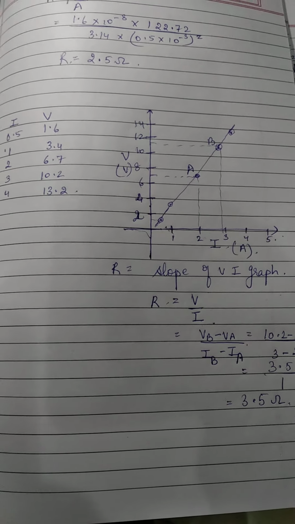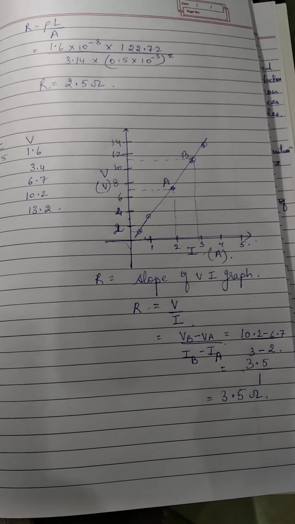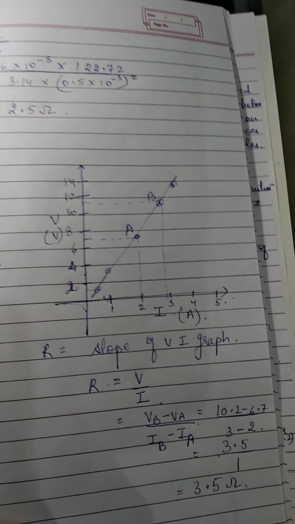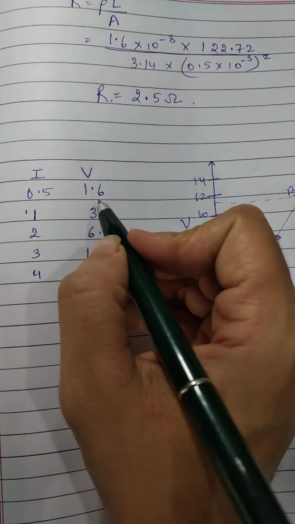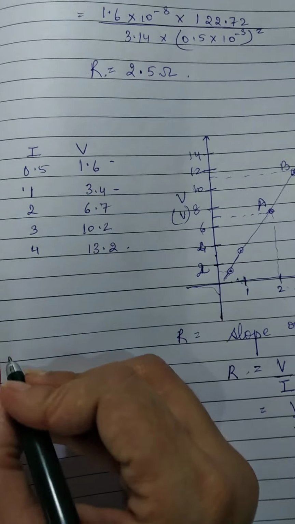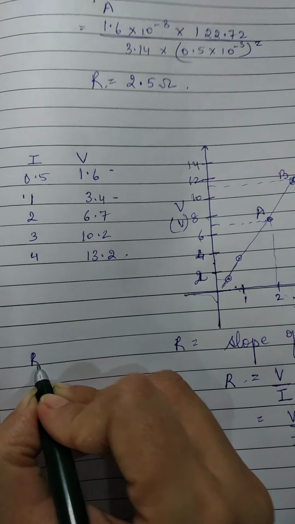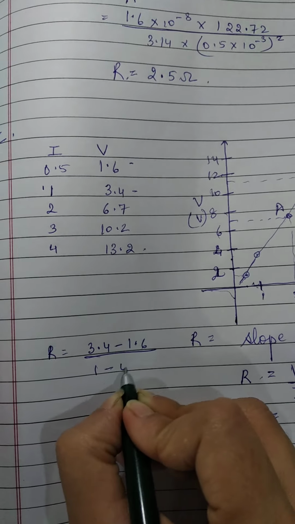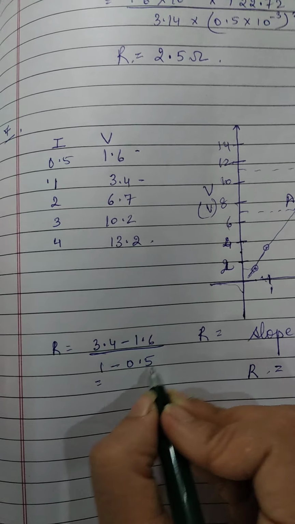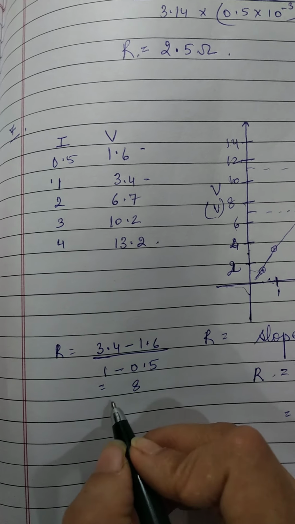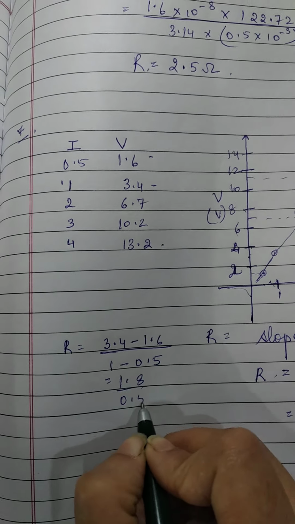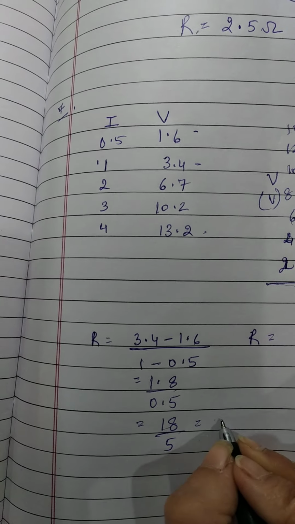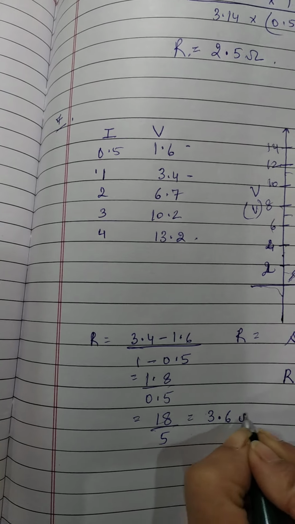You can note this down. Let me calculate this value for another 2 points, for this and this. So I get R is equal to 3.4 minus 1.6 upon 1 minus 0.5. So this is 1.8 upon 0.5. So this is 18 upon 5, which is 3.6 ohms.